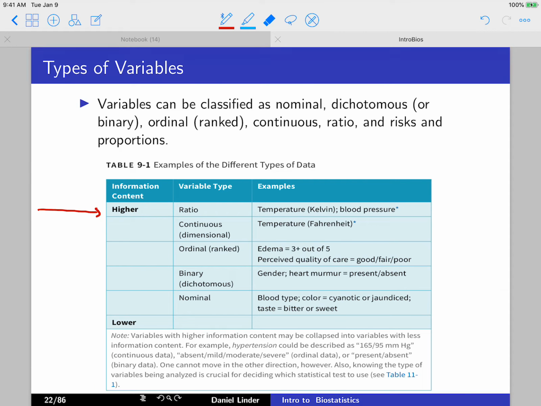If you look at this table, you can see the levels of information content, and I'll write a line, and the information is going from low to high in this direction. So there's more information in a continuous or ratio variable than there is in, say, a nominal variable.